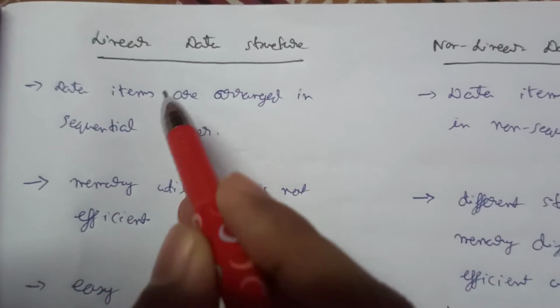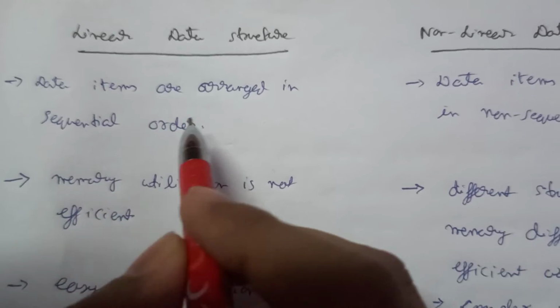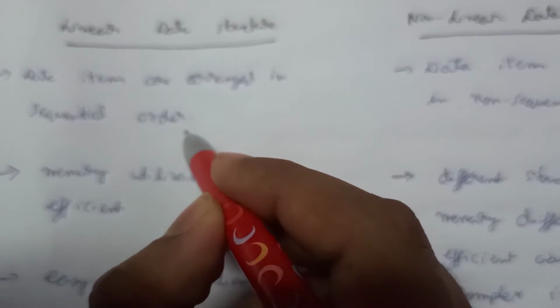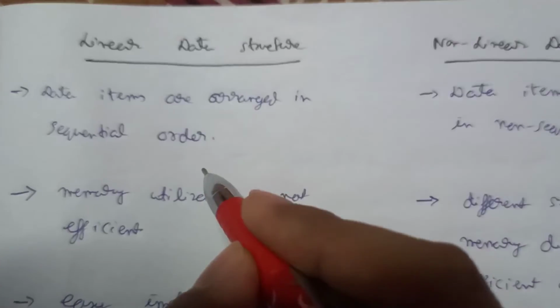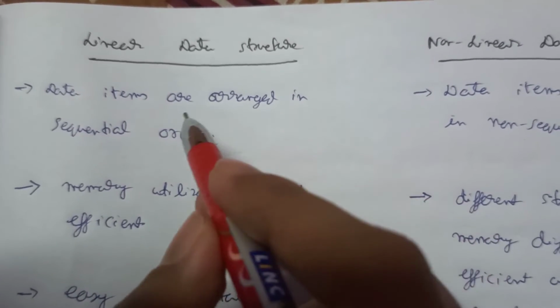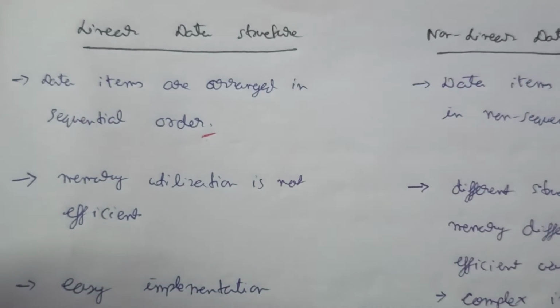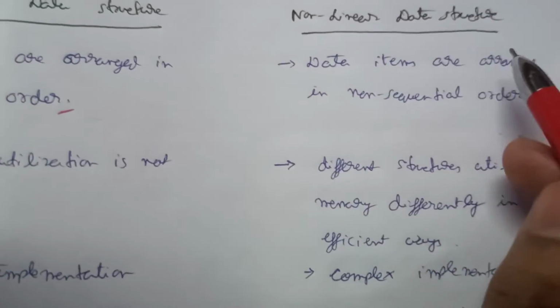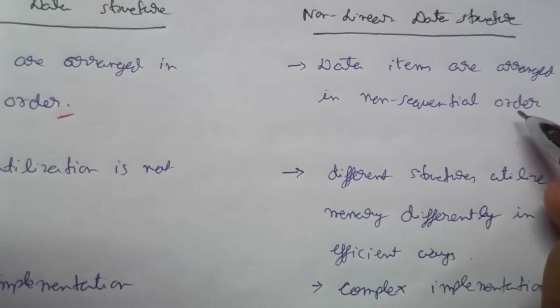So see, in linear data structure the data items are arranged in sequential order. That is actually the definition of the linear data structure. From the definition, we know that the items must be arranged in sequential order, and for non-linear data structure, the items are not arranged in sequential order.